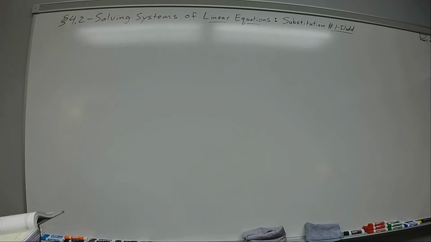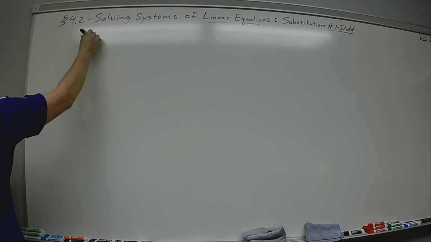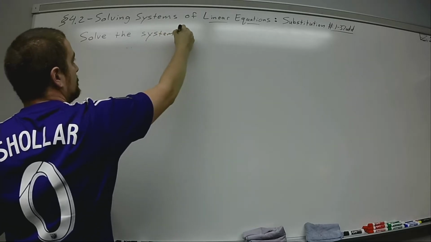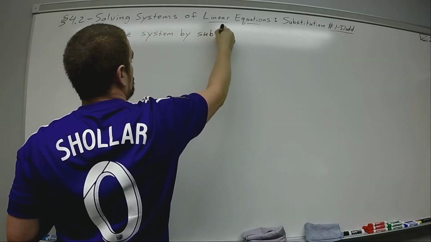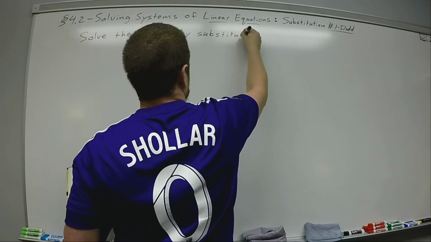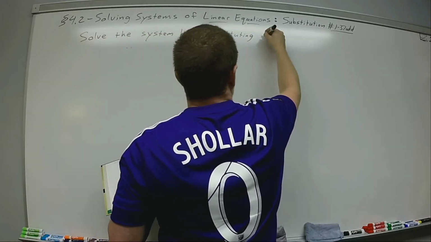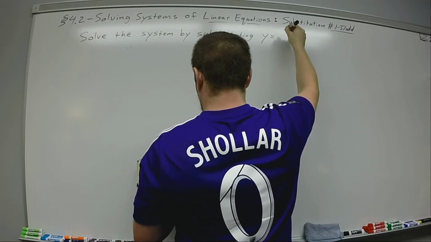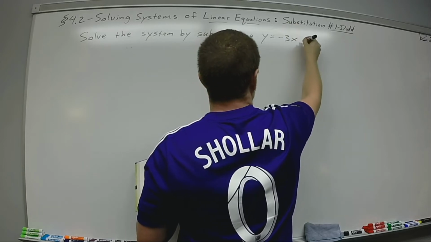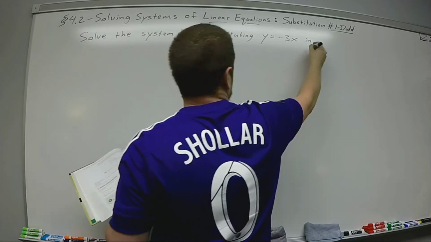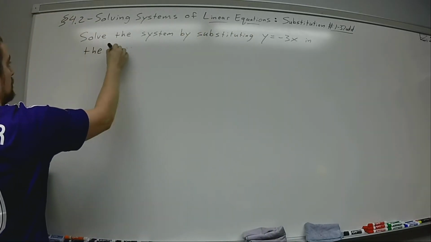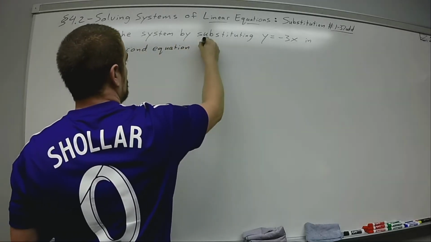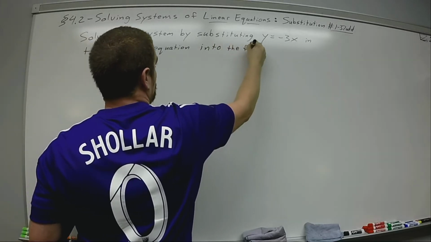I'm just going to start with a nice working example where we solve the system by substituting y equals, let's take negative 3x in the second equation into the first equation.